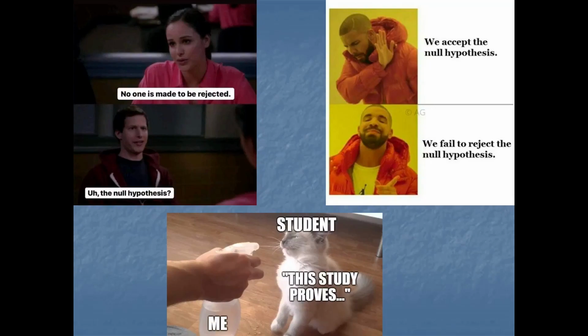And regardless, all of this is probabilistic. So even if we consider a hypothesis to be very unlikely or very likely, we will never use language like prove or proves. Even if we accept the alternative hypothesis because we rejected the null, we would still just be saying, I accept it as being very likely, something like that.